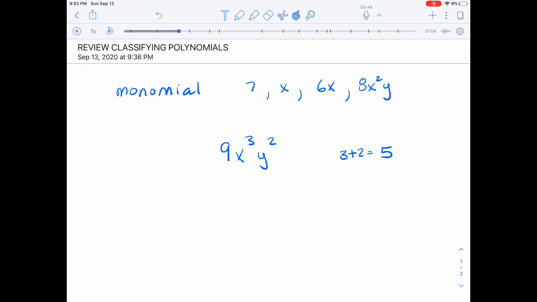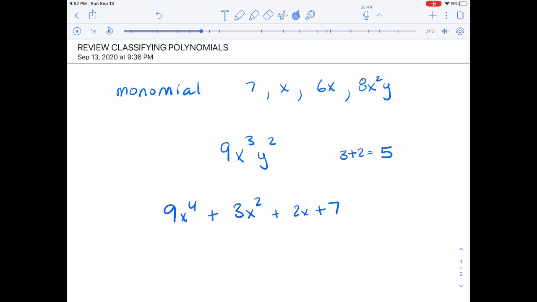A polynomial written in descending order by degree is said to be written in standard form, such as, let's say, 9x to the 4th plus 3x squared plus 2x plus 7.